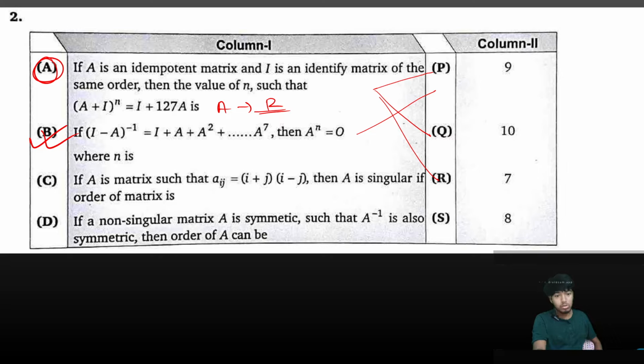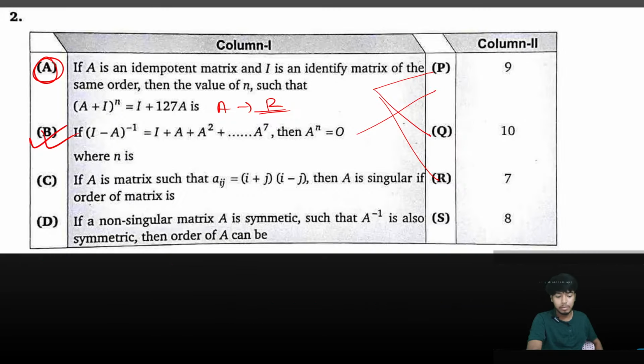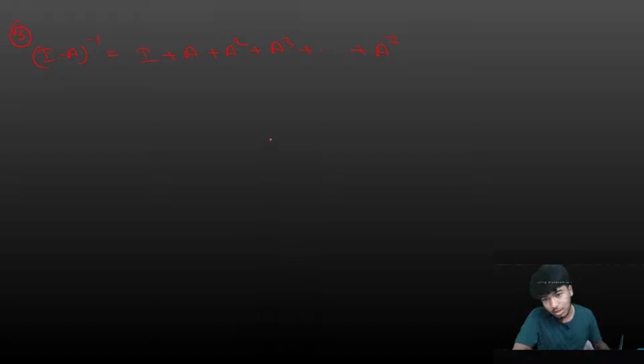A to the power 8 will be 0, A to the power 9, A to the power 7, A to the power 10, which will be 0? So we have to find this. Let's go to B. (I minus A) inverse equals I plus A plus A square plus A cube plus up to what? 7, no? A to the power 7.